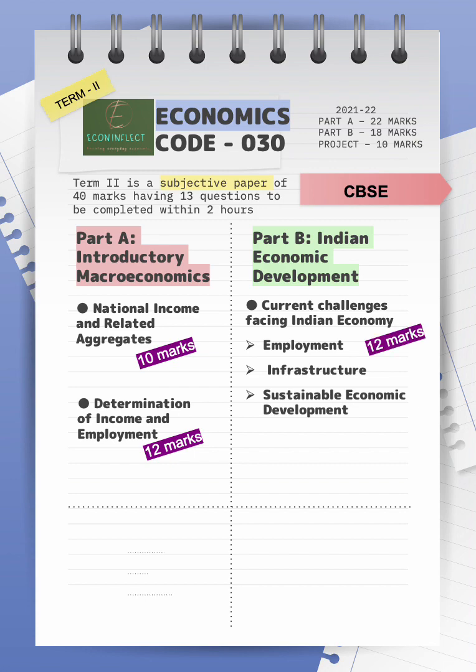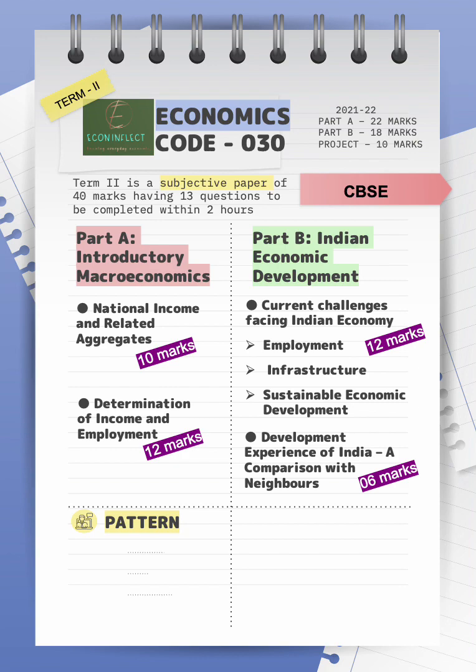All these 3 topics together are for 12 marks, and there is no individual marks distribution for these 3 topics. So all these have to be done thoroughly to score 12 marks. The next unit is Development Experience of India, a comparison with neighbors, for 6 marks.